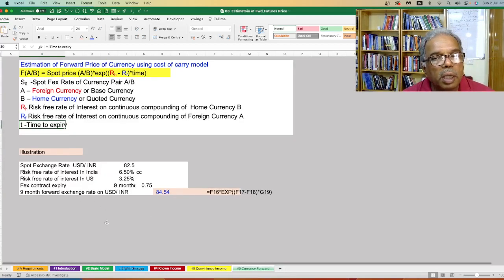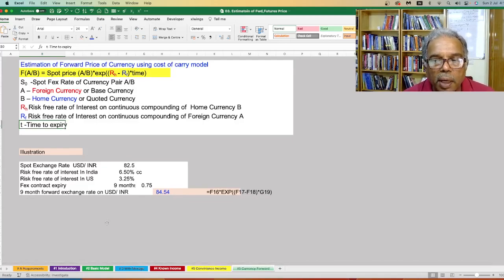Let's quickly take an example here. The spot rate is US dollar INR, that means $1 is equal to 82 rupees 50 paisa. The risk-free rate of interest in India is 6.5% on a continuous compounding basis. Let's assume the risk-free rate in US is 3.25% on a continuous compounding basis. How do you estimate a 9-month forward US dollar INR rate?